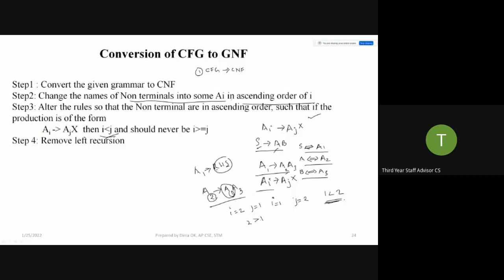Okay, so after this step, next we have to eliminate left recursion.